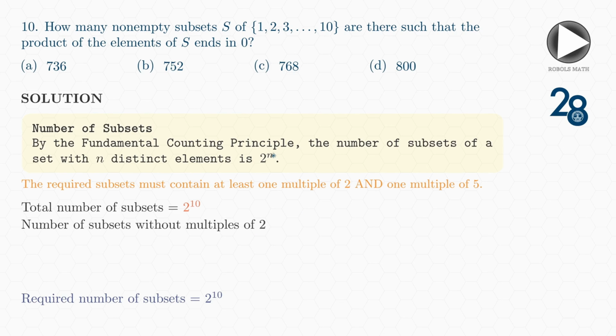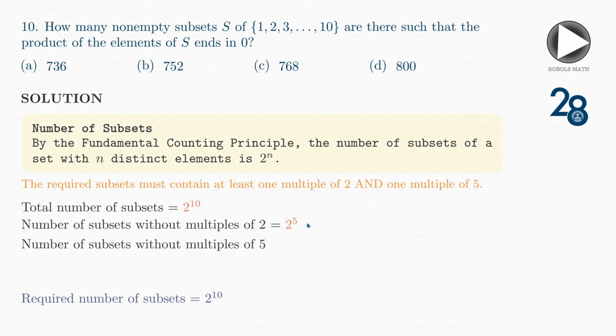But in this case, n should be 5, because out of the 10 elements, 5 are multiples of 2, like 2, 4, 6, 8, and 10. So only 5 are not multiples of 2. So the number of subsets without multiples of 2 should be 2 to the 5. Right? I hope that's clear.